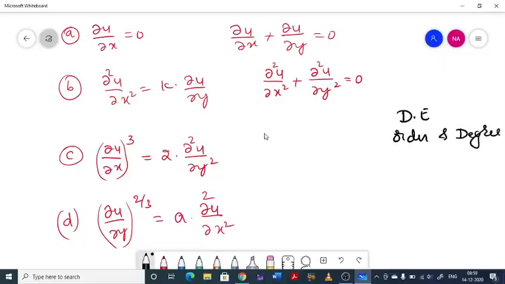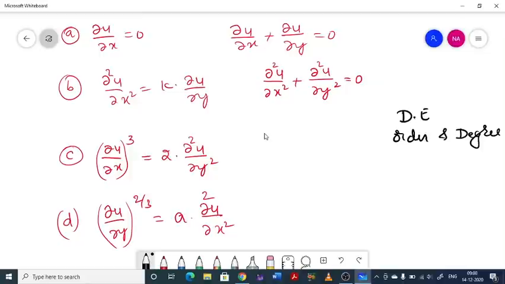These are very important parameters related to any differential equation. The order of the PDE is the highest derivative that occurs in the differential equation. See, we have studied first order differential equation, second order differential equation, third order differential equation, etc.